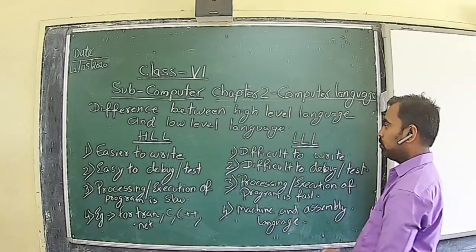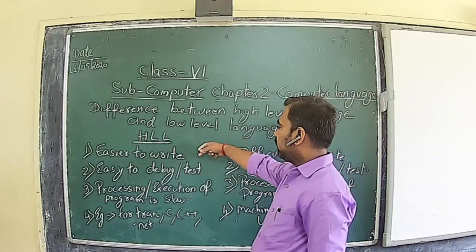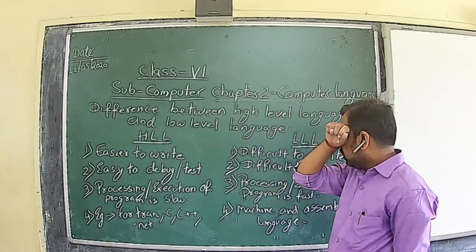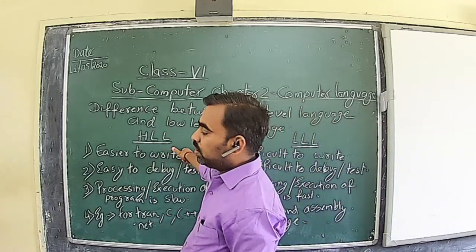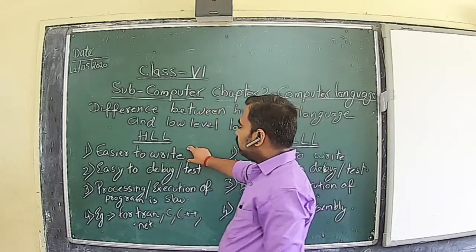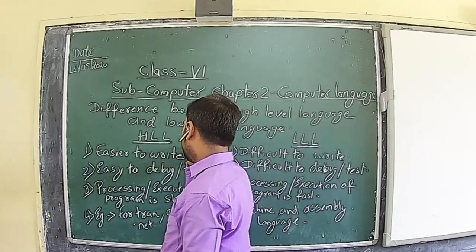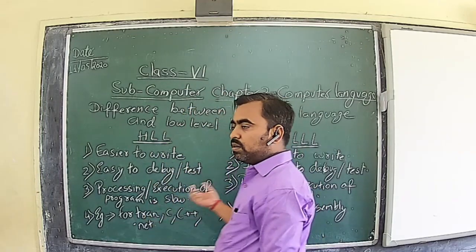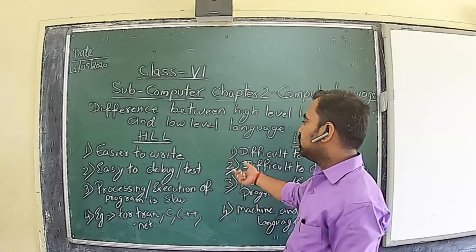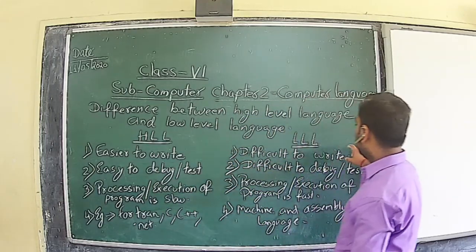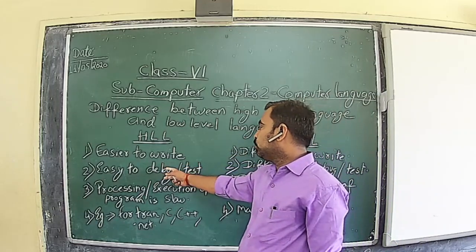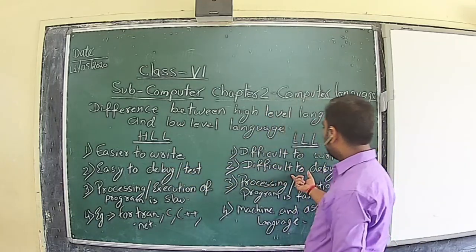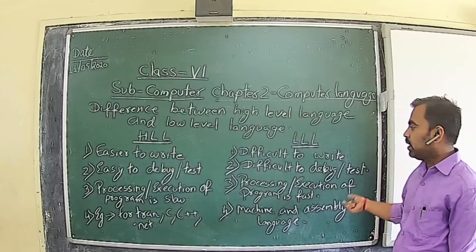So these are the four major differences between the high level language and the low level language. First one, high level languages are easier to write as they are nearly comparable to human language, using the English alphabet, mathematical digits, and some special symbols. Whereas low level languages are difficult to write. Second, it is easy to debug and test, whereas low-level languages are difficult to debug and test.